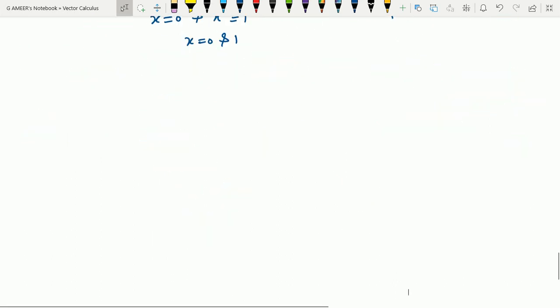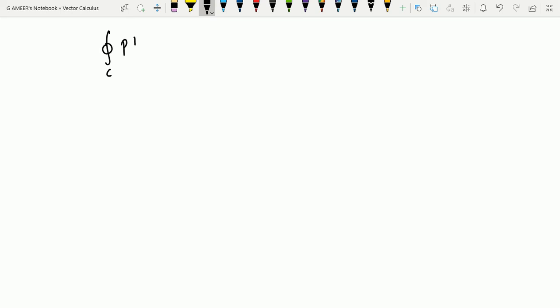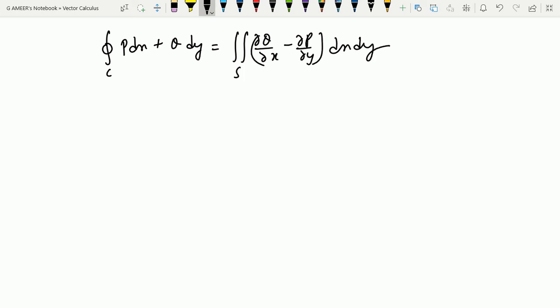So now, what is it that we have? The circulation of P dx plus Q dy will be equal to the surface integration in the xy plane of dou Q by dou x minus dou P by dou y into dx dy. So we need to prove LHS is equal to RHS.